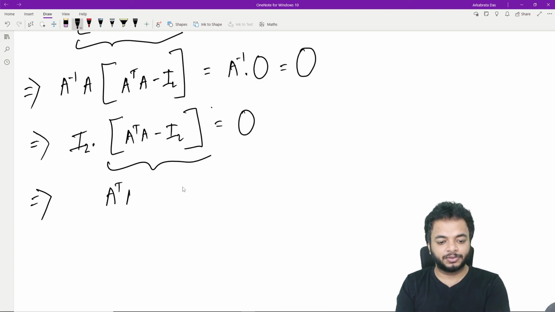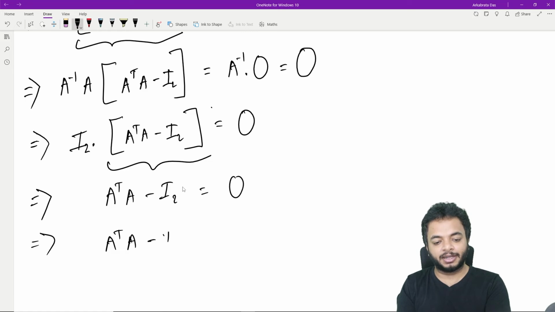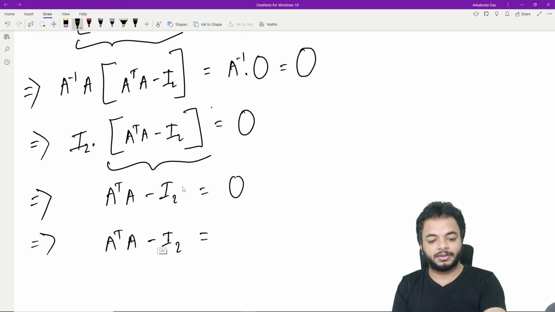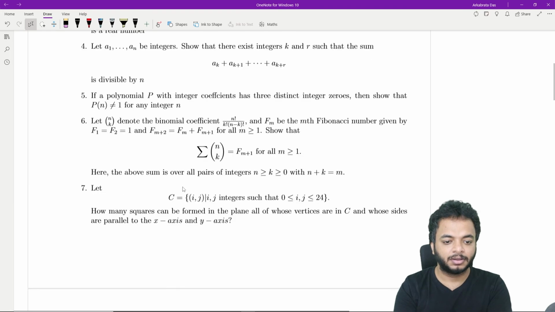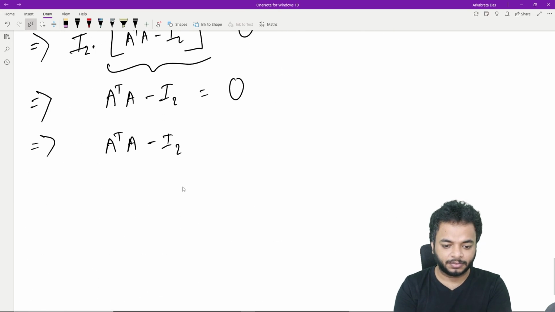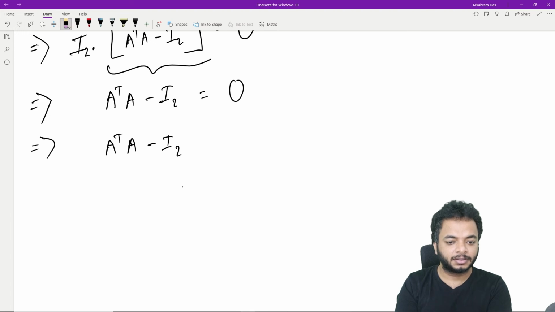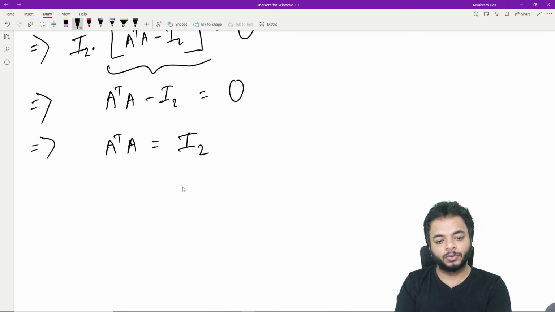So A transpose A minus I2 is equal to the zero matrix, and that implies, let's take I2 on the other side. So I2, and what does this imply? That is A transpose A is equal to the identity.